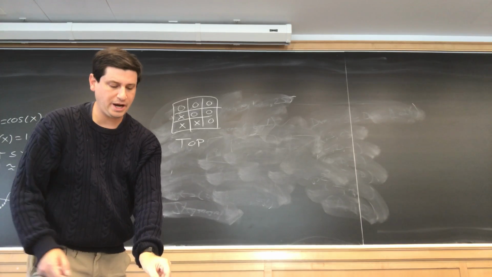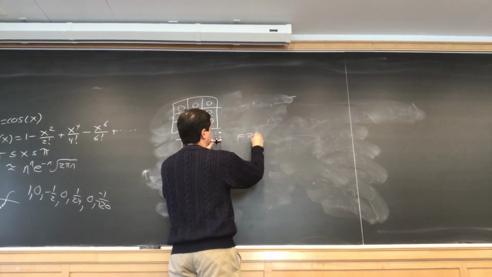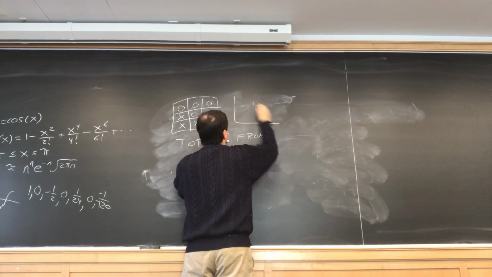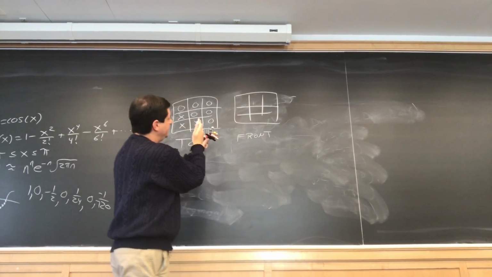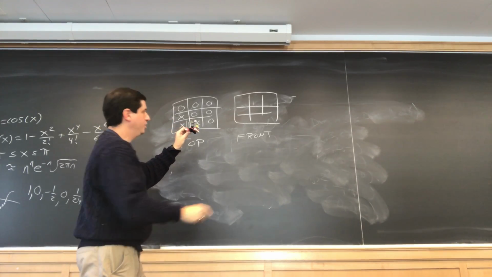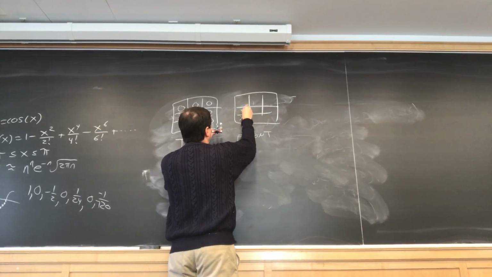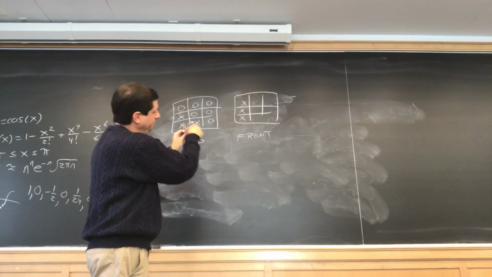Now we can look at what happens if we shine it from the front. If we shine it from the front, there's nothing when we look at it this way. So that means there's going to be nothing, nothing, nothing. That's valuable. When we go this way, there's nothing in the bottom.